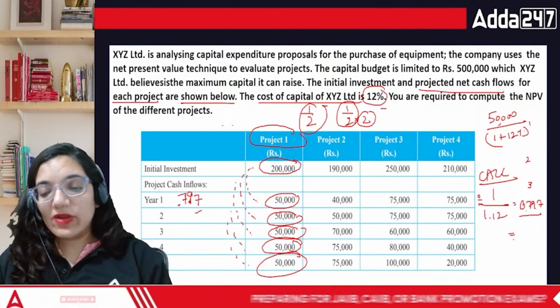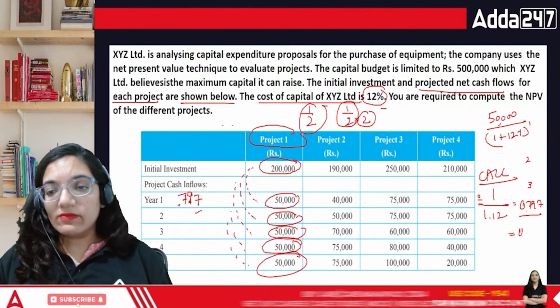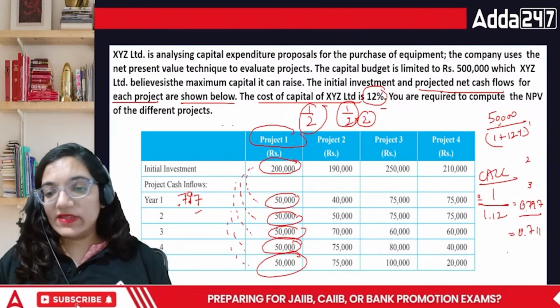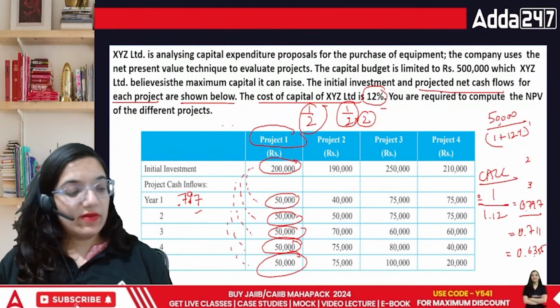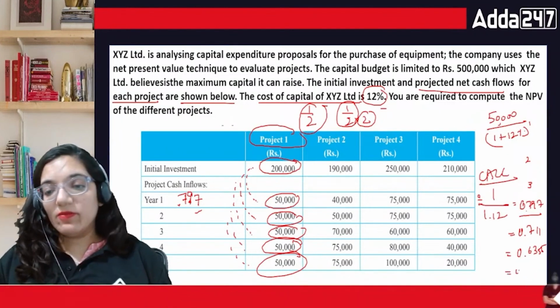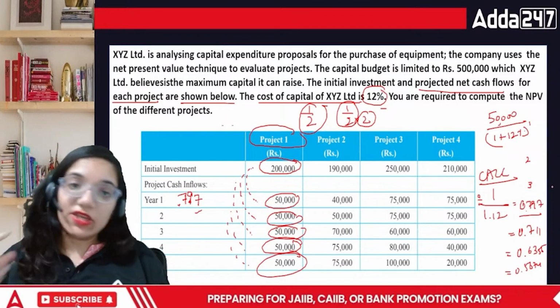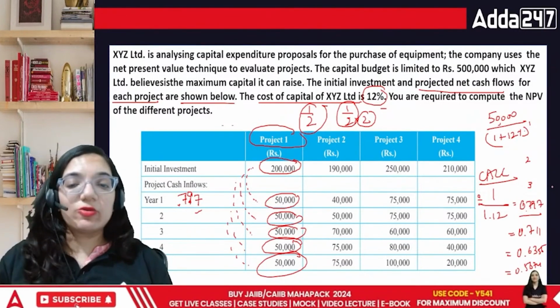In this case, what will happen? You will get the next year. It comes out to be 0.711. Next year, it becomes 0.6355. Then comes 0.5674. Every time you are clicking on equal to, the value should be changing. If it is changing, then your calculator is the one that you should be using.